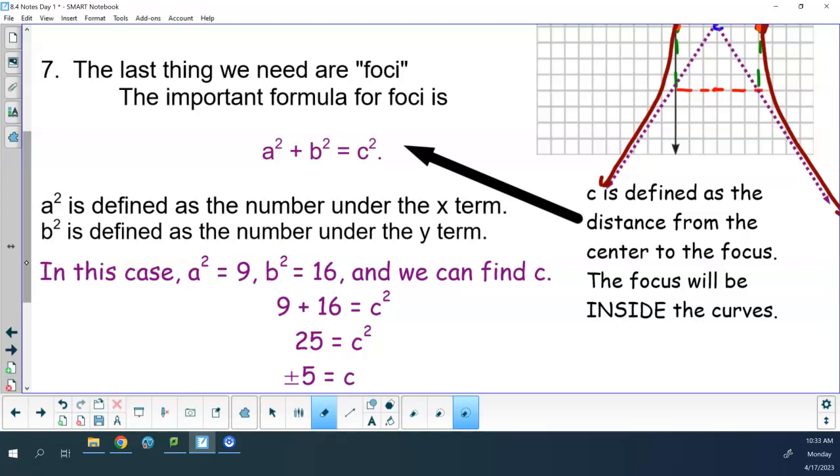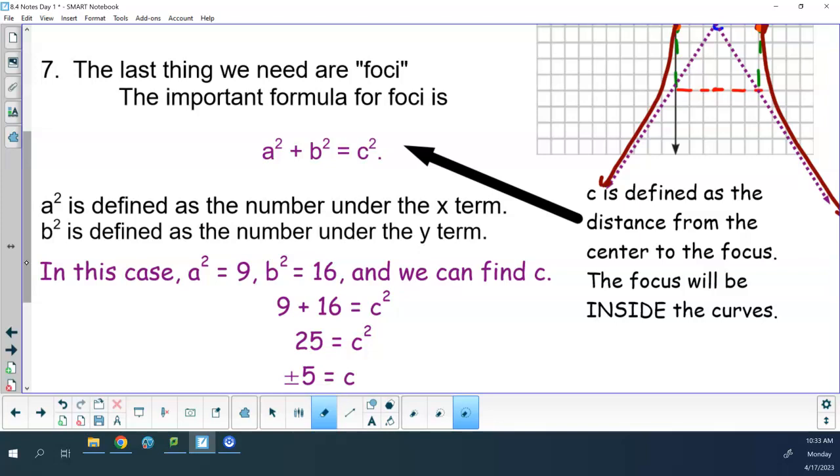So the foci are inside the curves, which goes to show with all of the other conics. In a parabola, your focus was inside the curve. In a circle and an ellipse, your foci were inside the closed loop. In a hyperbola, inside the curve.